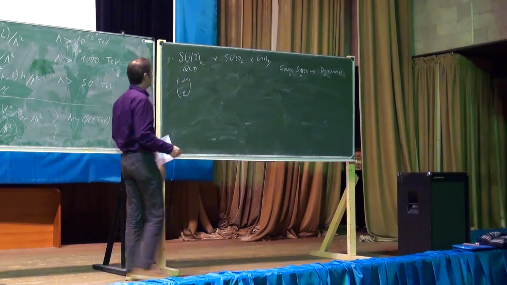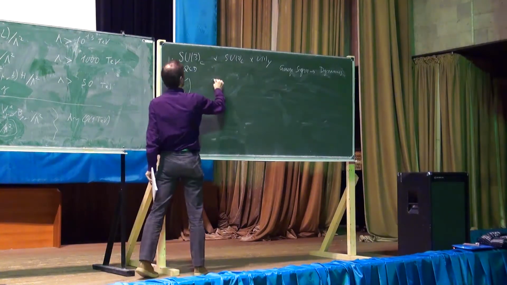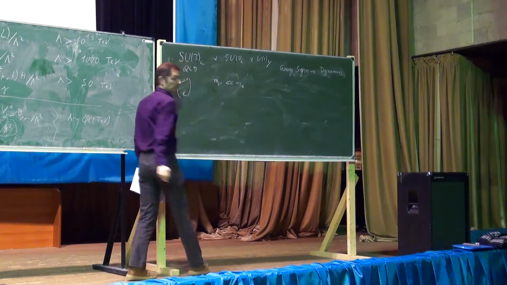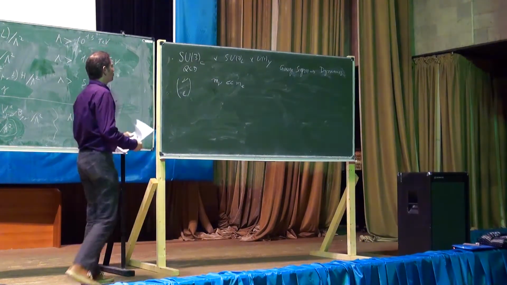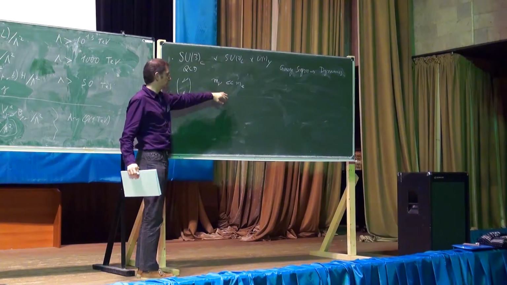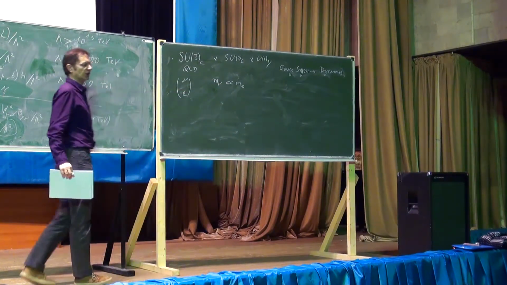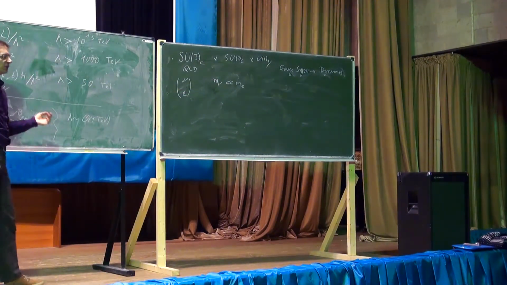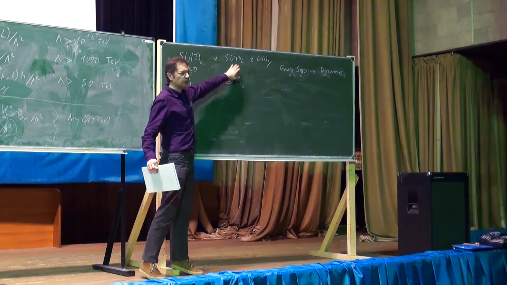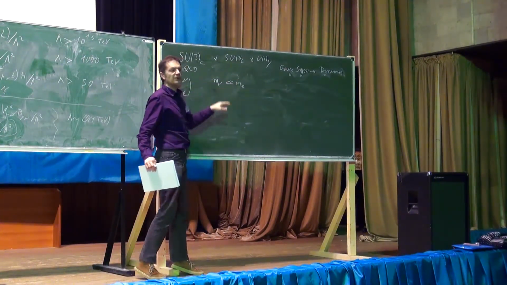But you certainly all know that the mass of the neutrino is much smaller than the mass of the electron. We don't know for sure what the mass of the neutrino is, but we know for sure that it is much smaller than the mass of the electron. So this means that the SU(2) symmetry certainly has to be broken to account for this mass difference.